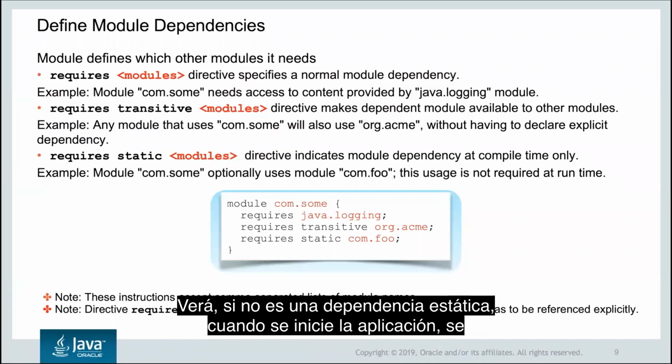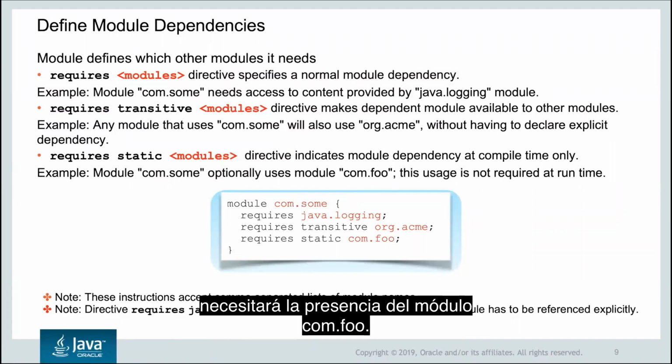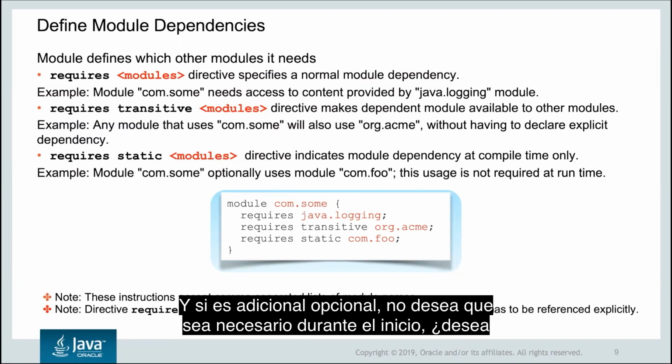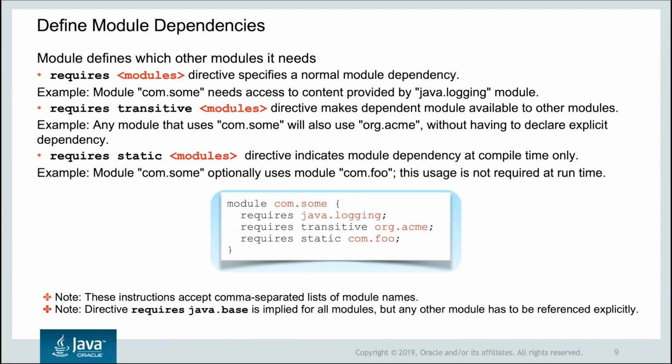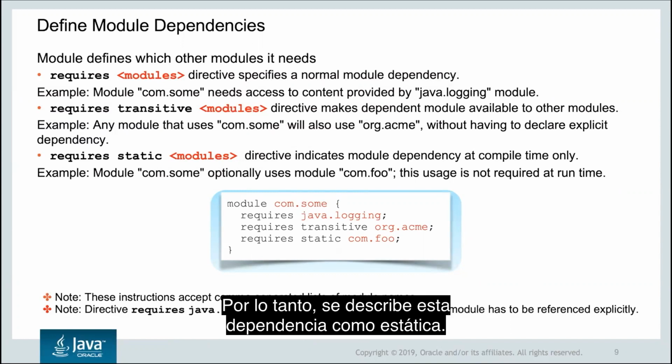You see, if it's not a static dependency, then upon the startup of the application, the presence of the com.foo module will be required. And if that is an optional extra, then you don't want that to be required at startup, right? So that's why you describe this dependency as static.